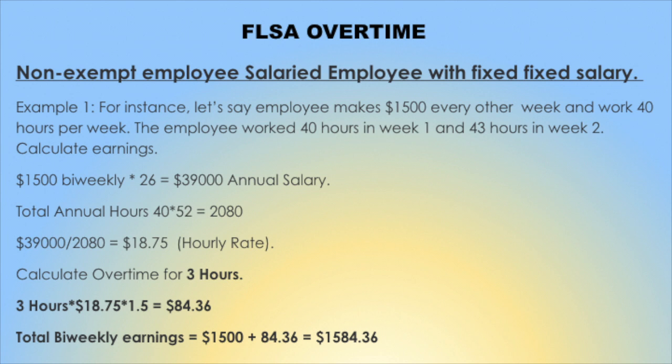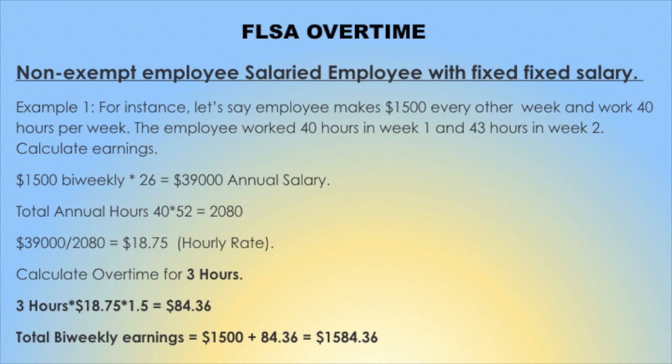The employee is getting a fixed salary of 1500 bi-weekly for 80 hours, right? So to calculate the overtime earnings separately for the 3 hours, we will have to multiply the hourly rate by 1.5 because the overtime rate is 1.5 times the regular rate.